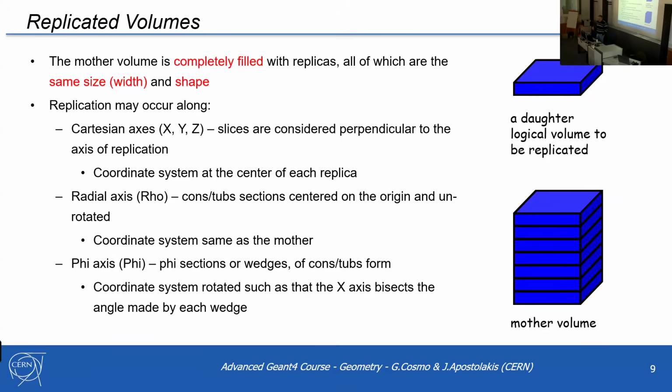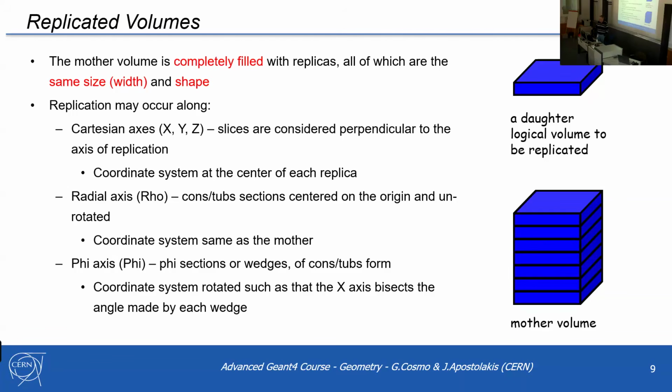So the replication can occur along certain axes, depending also on the topology of the volume that gets sliced. So if it is the case of a box or a trap, this is the Cartesian axis, and the coordinate system is at the center of each replica.